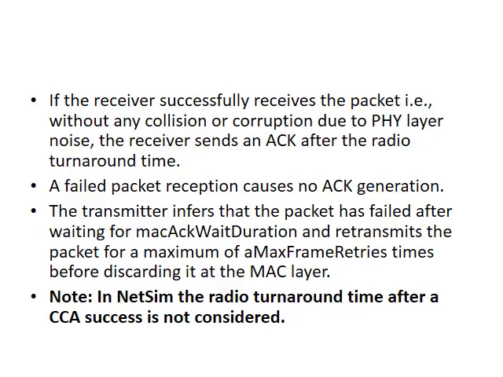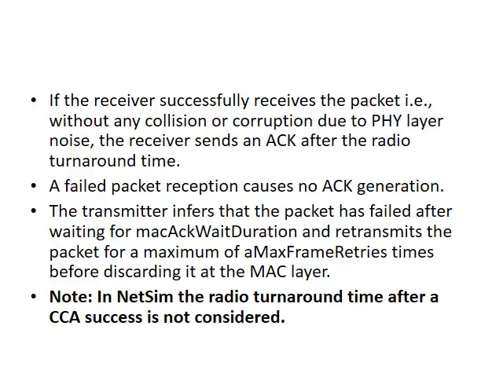Now, if the receiver successfully receives the packet after the channel is free and the transmission has been made, without any collision or corruption due to the physical layer noise, then the receiver would send an acknowledgement after the radio turnaround time. However, a failed packet reception causes no ACK generation, that is, there wouldn't be any acknowledgement if there's a failed packet reception.